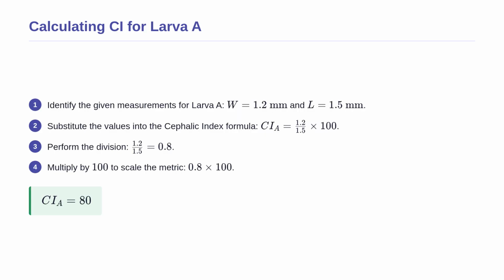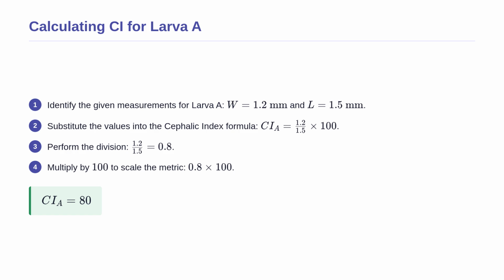Let us see this formula in action with a concrete example. A medical entomologist captures two different mosquito larvae. For larva A, we are given a head width of 1.2 millimeters and a head length of 1.5 millimeters. We are asked to calculate the cephalic index. We chose this formula to objectively describe the head shape.